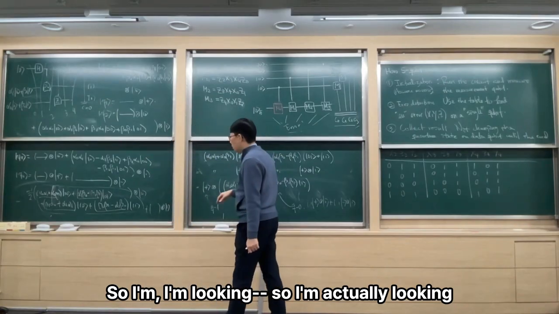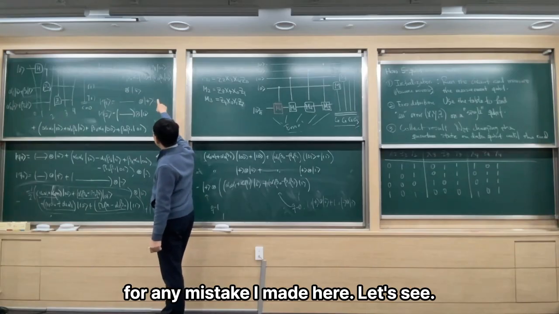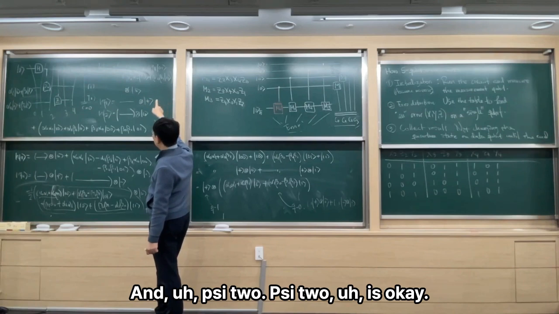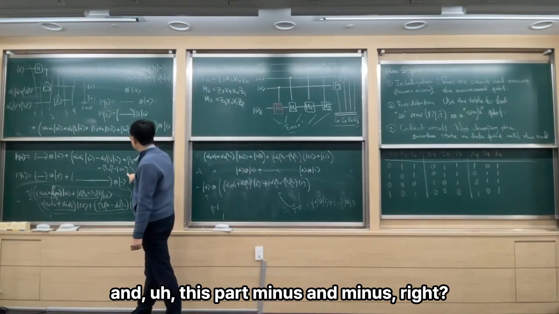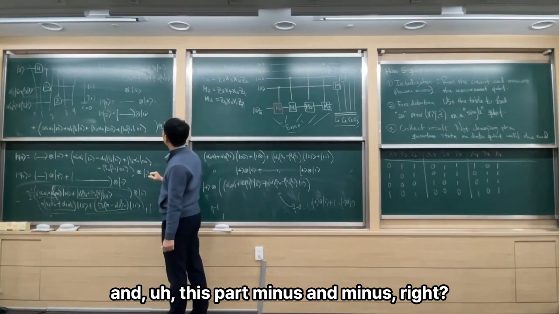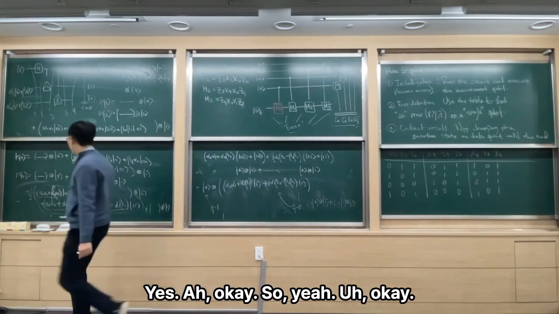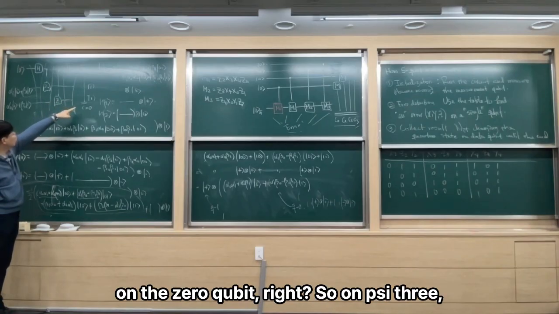So I'm actually looking for any mistake I made here. Let's see. Psi 0 is okay. Psi 2 is okay. Okay, so I just change this and change this, and this part minus and minus, right? Yes. Okay. So I think I made a mistake here. We apply that gate on the 0 qubit, right?